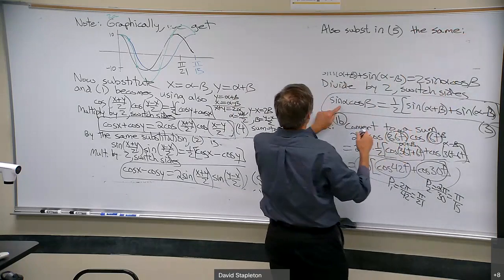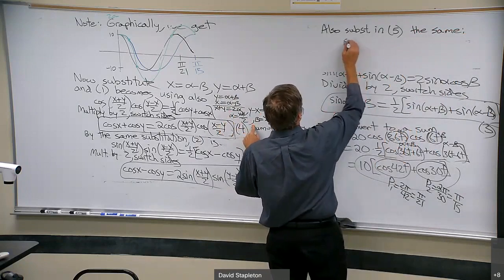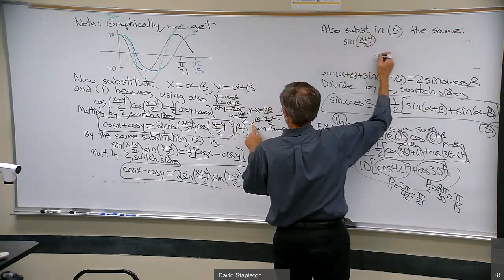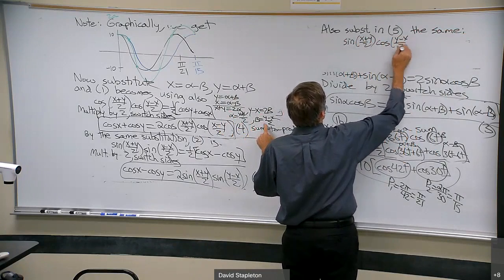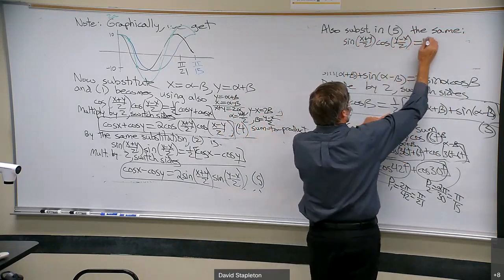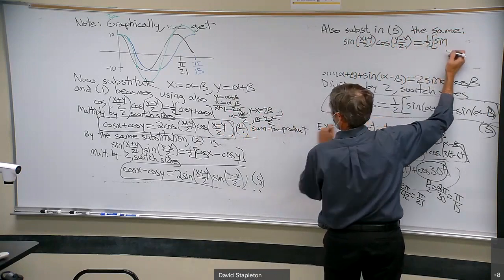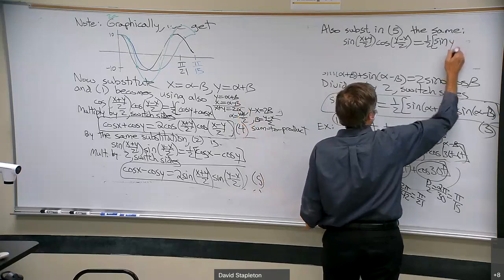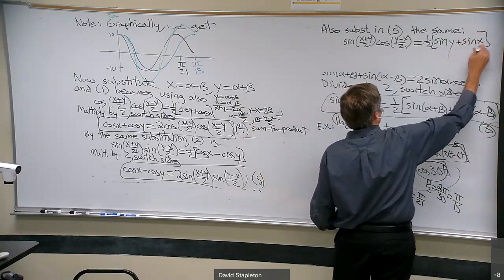And you've got, let's see, alpha is x plus y over 2, so it's become sine x plus y over 2. Cosine beta is cosine y minus x over 2, becomes 1/2 sine, and then alpha plus beta was y. Alpha minus beta was x, so sine y plus sine x.